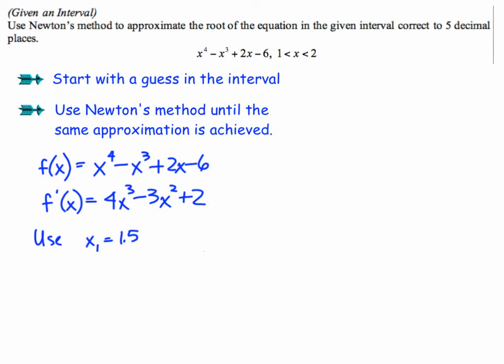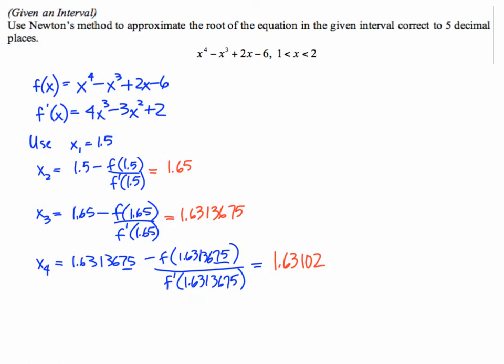I'll have 1.5 minus, substitute 1.5 into f of x, divided by 1.5 into the derivative. And I complete my calculation using my calculator. So x2 is 1.65.